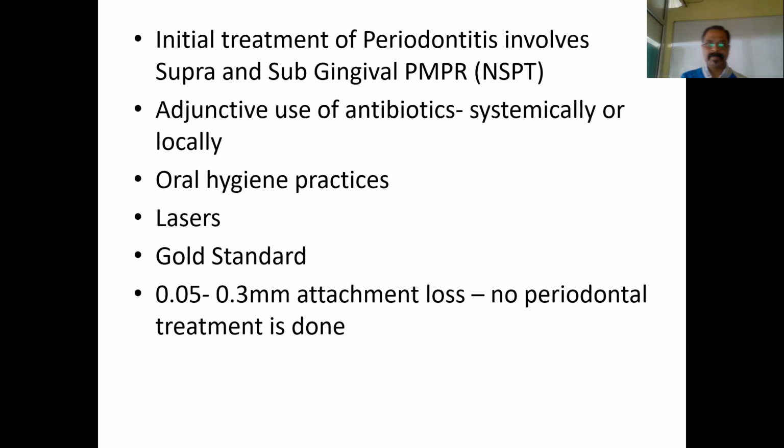Though it is considered a gold standard treatment protocol, there is still roughly about 0.05 to 0.3 mm attachment loss in patients who have periodontitis and have not undergone a surgical protocol. So there is still a good scope for patients undergoing surgical periodontal therapy, right?